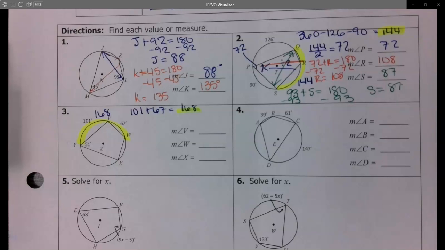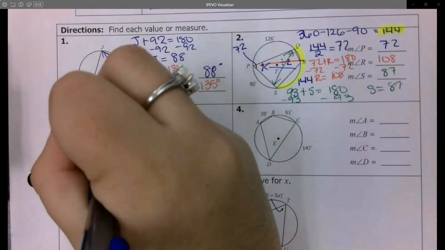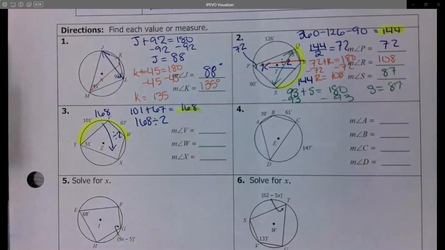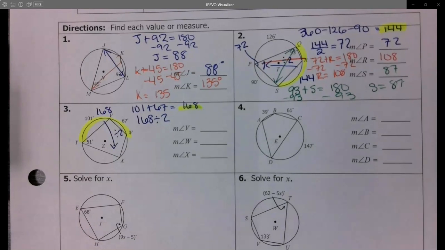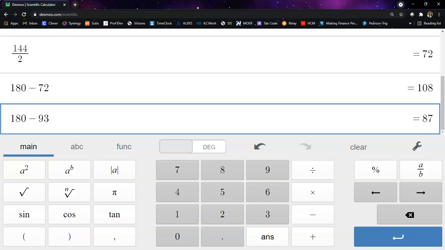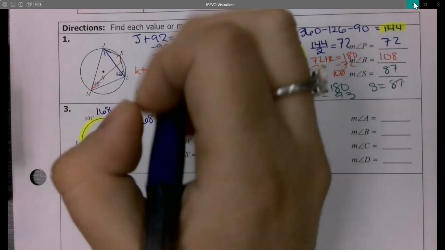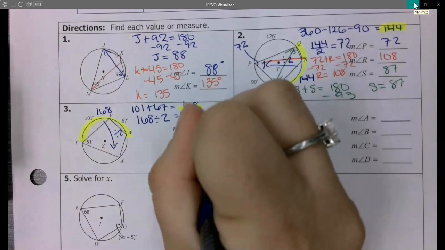Then remember, to get the angle measure, I divide by 2. So I'm going to do 168 divided by 2. So if I go to Desmos, that gets me 84, which is my measure of x.